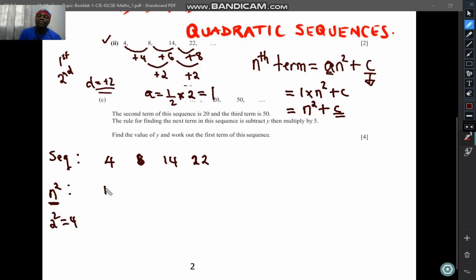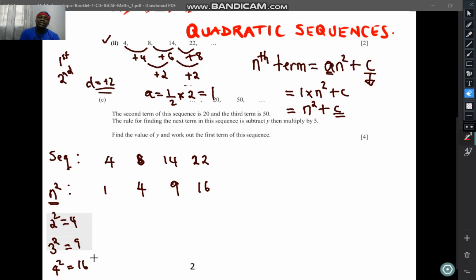Then on the third position, 3 squared gives us 9. And on the fourth position, 4 squared, because we are putting the position where there is n, gives us 16. So our n squared is giving us this sequence here.